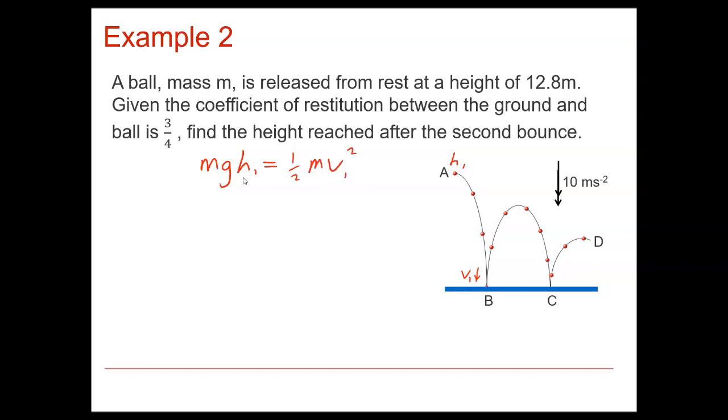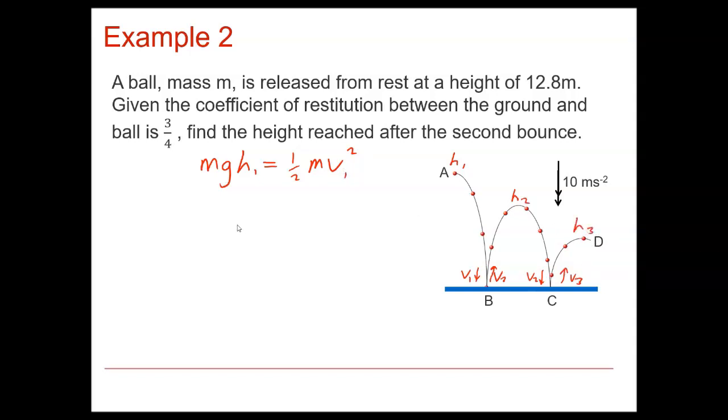So I could use that to calculate v1. I could then use my coefficient of restitution to work out v2, which will be that speed there. And indeed that speed there will also be v2, passing through a height of h2 if we wanted to think about that at that point. And then again use the coefficient of restitution to find this v3, which I could then use to find h3.